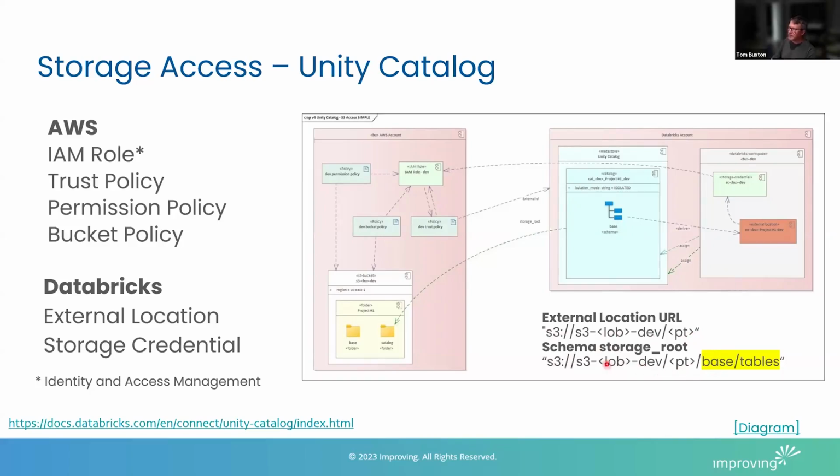So in this case, Databricks will understand that this storage root is going to be handled by this external location and this storage credential, but specifically it's locking down access to specific subfolders, base tables. And we do the same for volumes and everything else.